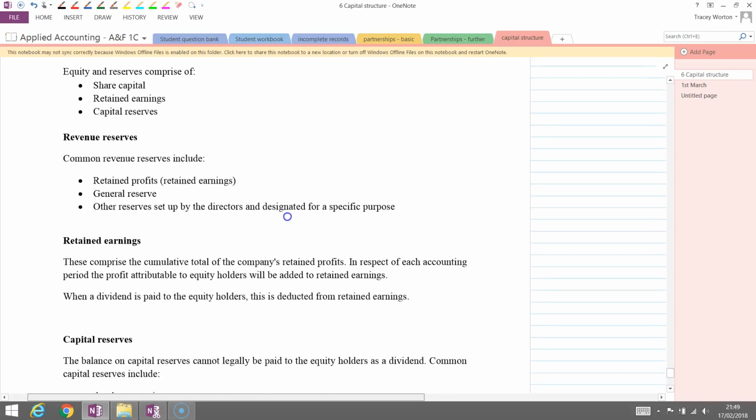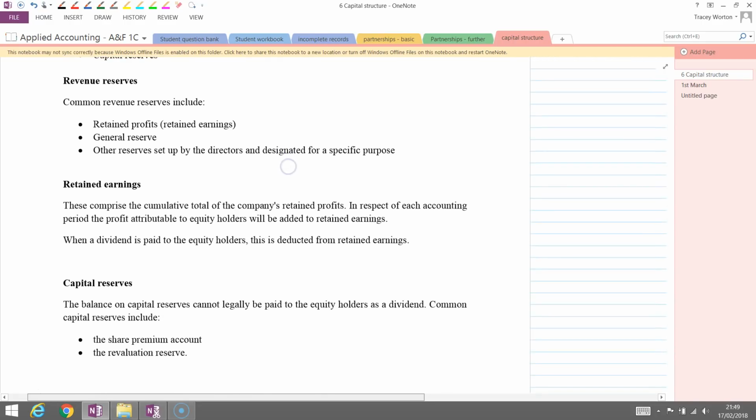In terms of revenue reserves, the most common ones will include the retained profits or retained earnings, perhaps a general reserve, and any other reserves that are set up by the directors and designated for a specific purpose. So it could be, for example, a restructuring reserve, a relocation reserve, or a redundancy reserve.